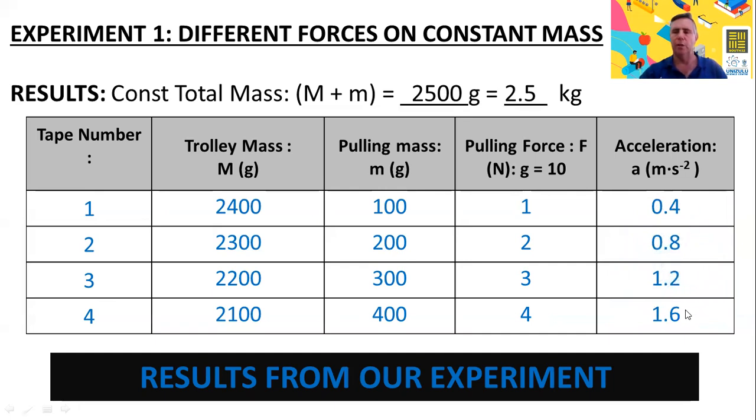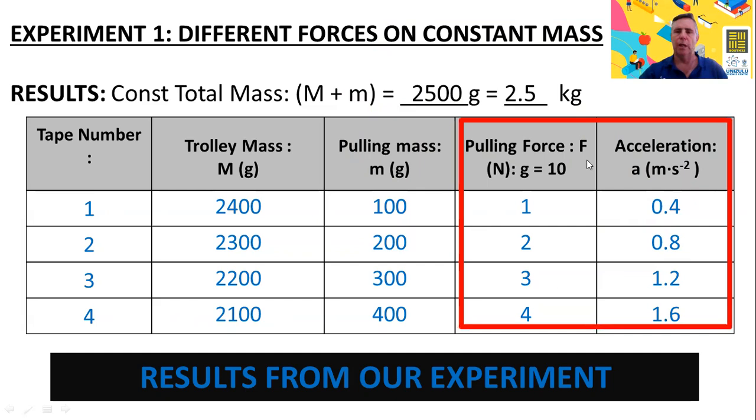These are the values we calculated after doing the experiment that you saw in the video and analyzing the 4 ticker tapes. Now, in this particular experiment, you're going to be graphing acceleration in the last column versus pulling force. So there's our dependent variable of acceleration and our independent variable of pulling force. So please make sure that all of these figures are written down in your table.